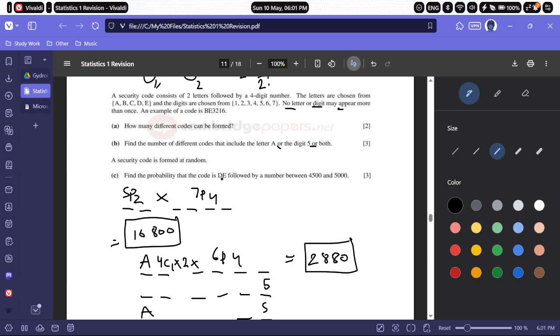In your first case, 5 isn't fixed. In this case you're excluding 5. You're only considering the cases where you have A and some other characters but not 5. That's why you have a remaining 6 numbers.